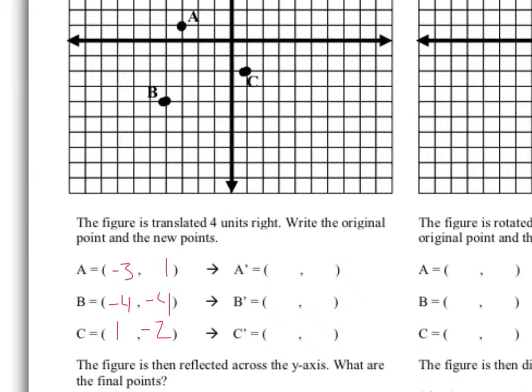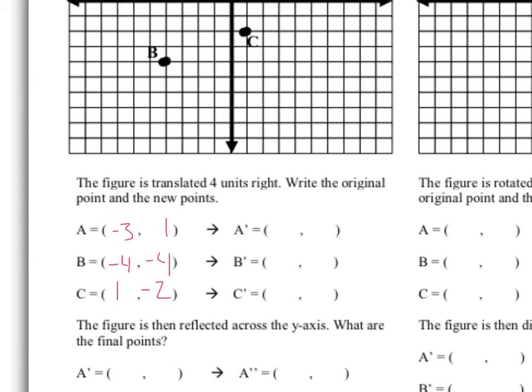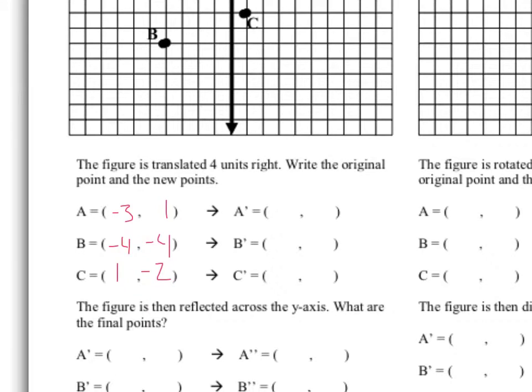How does a translation of 4 units to the right change our coordinates? Sammy? It's only going to change the x. It's going to move wherever the coordinates are 4 units to the right.